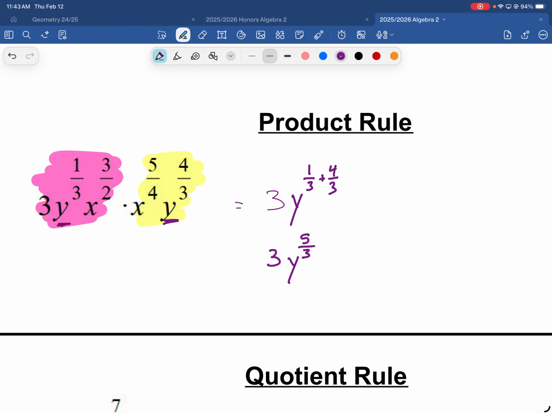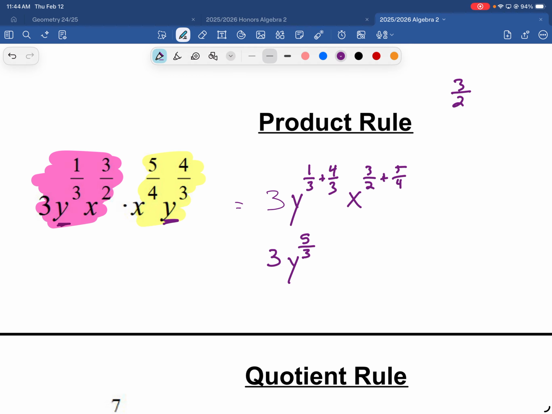We've got the y value taken care of. Now we look at the x. We've got x in both the pink and in the yellow. So since we have it in both, we're going to go 3/2 plus 5/4. Well, they have different denominators now, so we're going to do it off to the side.